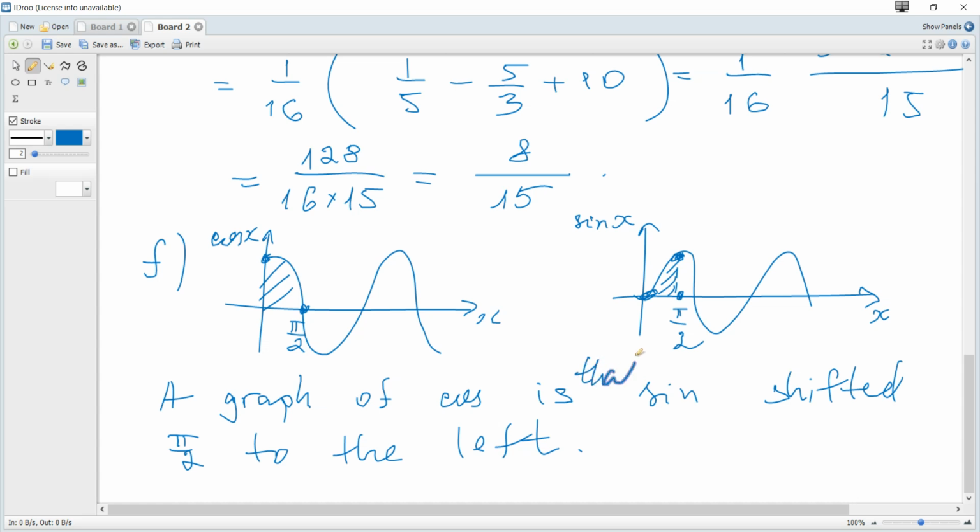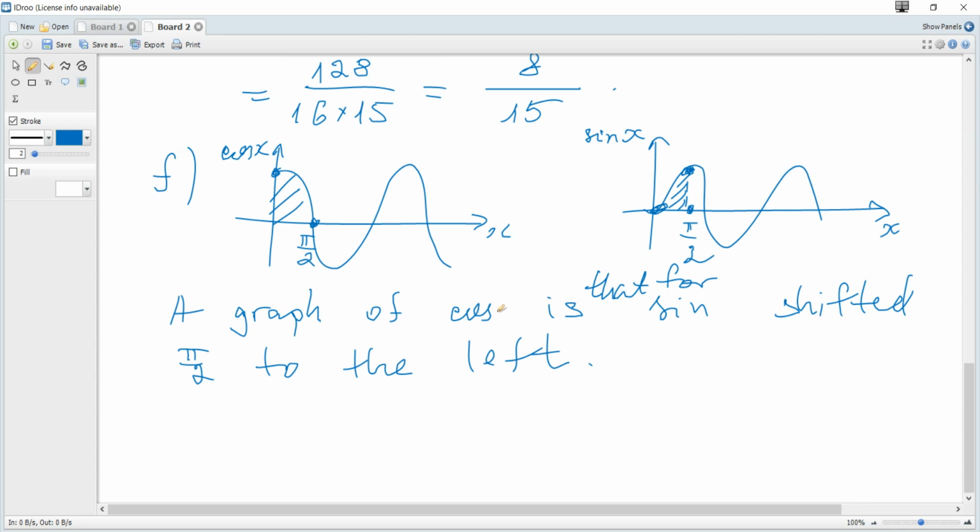The graph of cosine theta is that for sine shifted pi over 2 to the left.